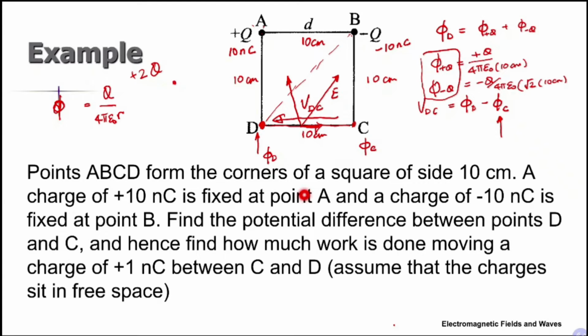Okay, so if I add another charge here, you just need to know the distance x to work out the potential at phi D, and you need to know this distance to work out the potential for phi C. Okay, and then the potential difference is just like what you have done just now. Okay, so these are the things that you need to know how to calculate.